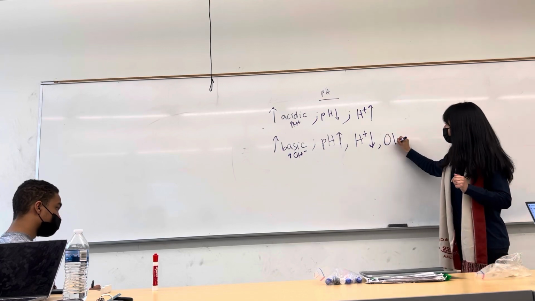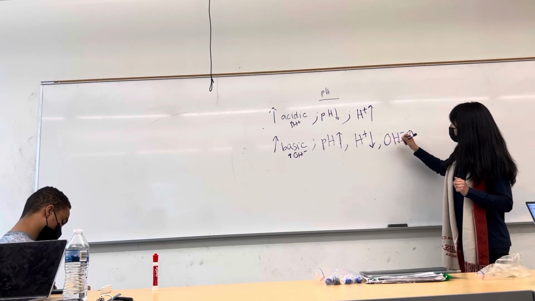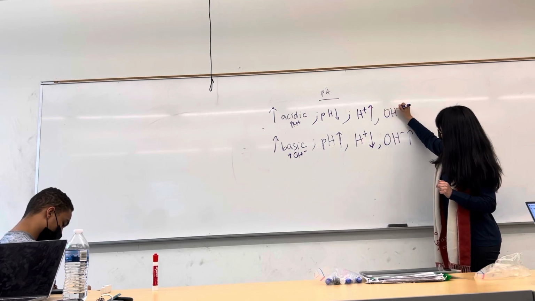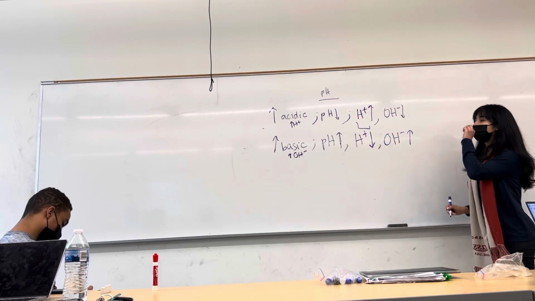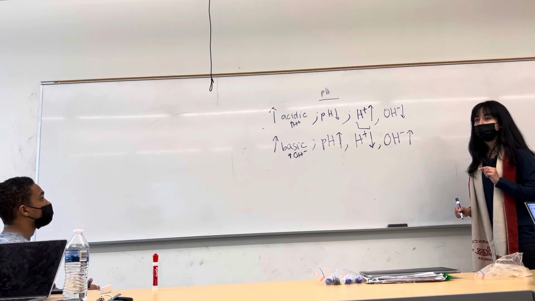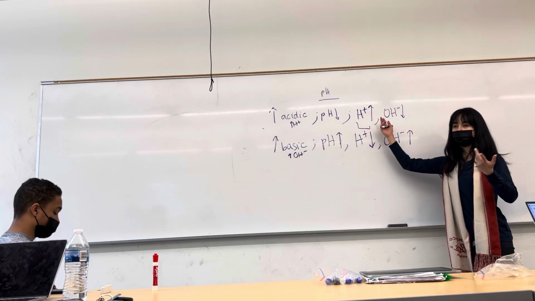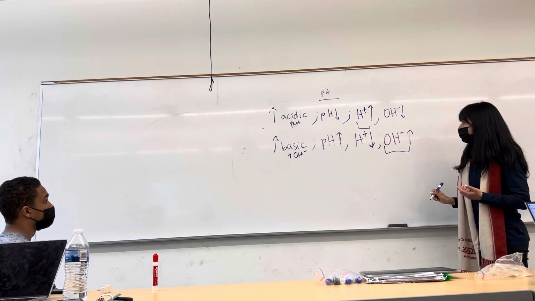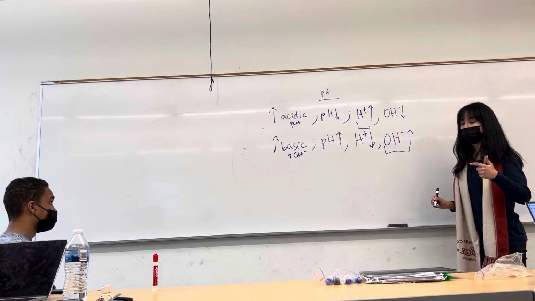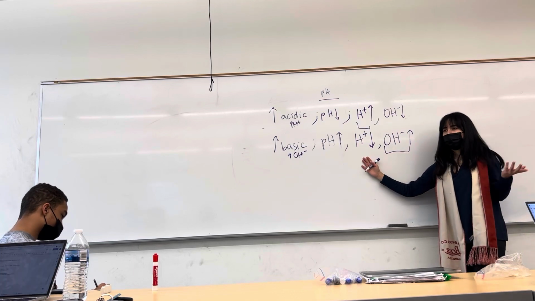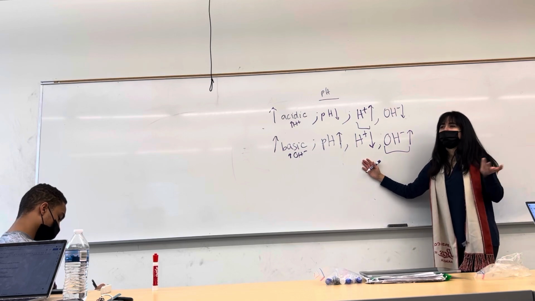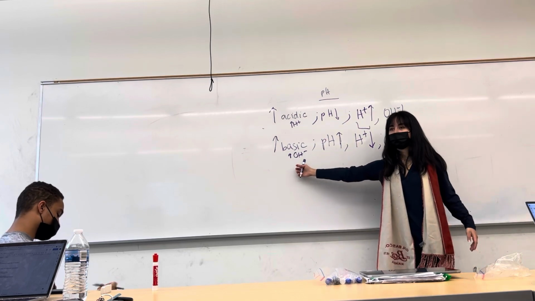That's how you can tell. This is an indicator that your acidity is increasing, because more H. This is an indicator that your basicity is increasing, more OH minus, which basically means no more hydrogens. There is no acidity, so what do you call it? I call it basic. Make sense?